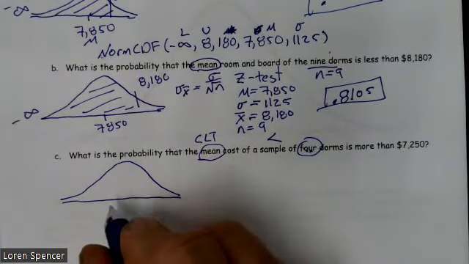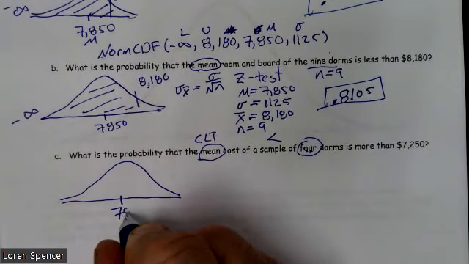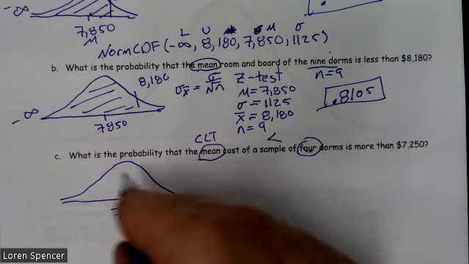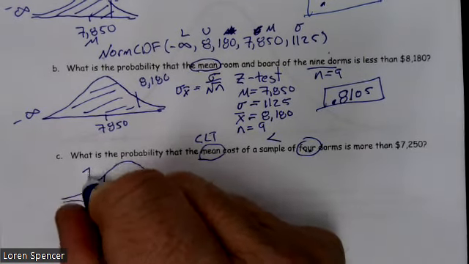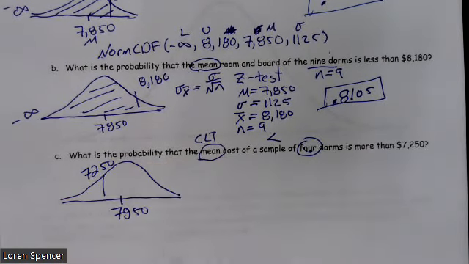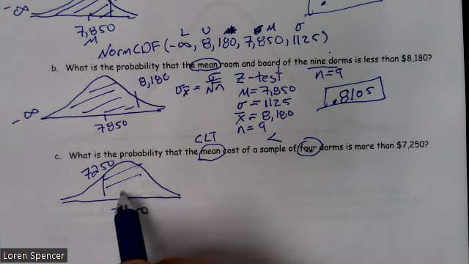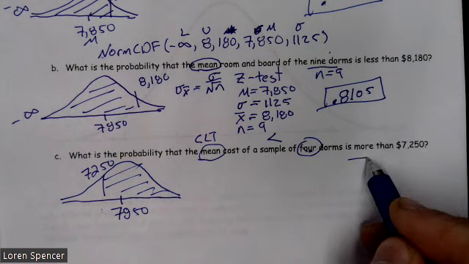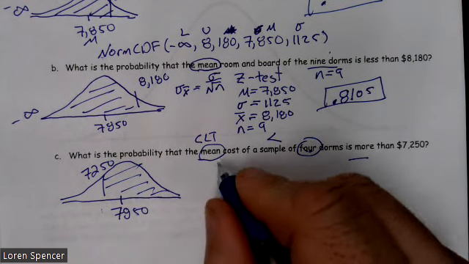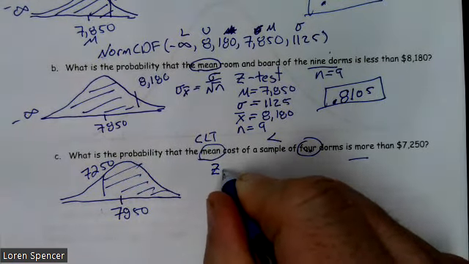So mean is 7,850. And here we're looking for 7,250, which is below it. And we're going to shade up because it said more. So once again, a z-test.